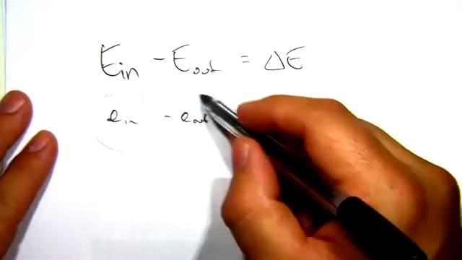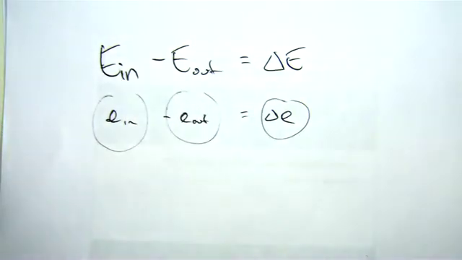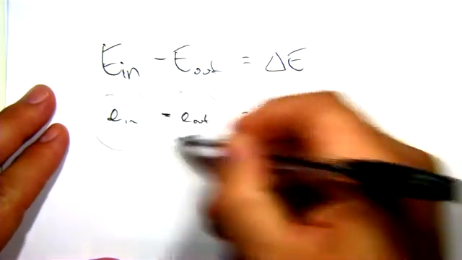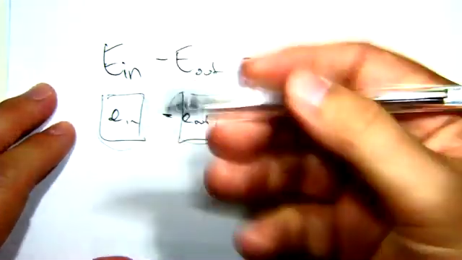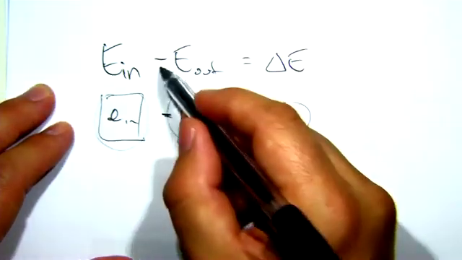Let's have a look at this and this. I said by convention, work done by the system and heat transfer into the system are my positive ones. The minus is there just because it's delta E. It's a change. So the minus stays there.